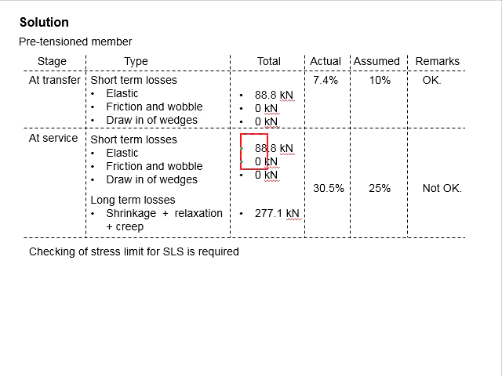The total losses at the service state will be the summation of these two, which is found as 30% out of 1200 kN pre-stressing load. In the previous example, we assumed it to be 25% only. This number is greater than 25 and is far away from the assumed number.